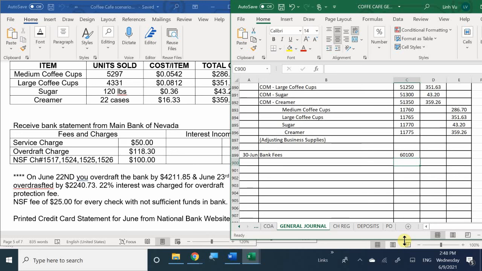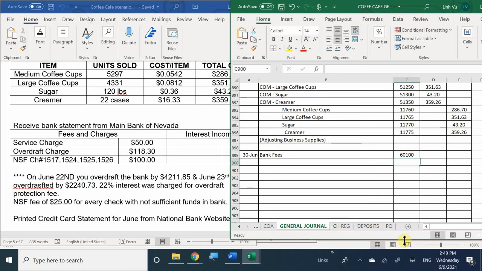Now, question to you. When the bank decides to give you this letter and says, "Oh, here, by the way, you got charged for writing NSFs, you got charged for bank service fees, and you also got charged for the interest for the overdraft protection."